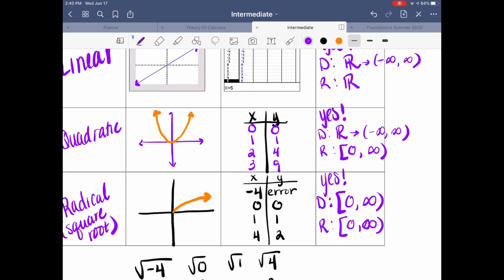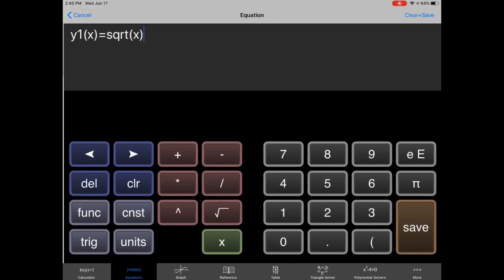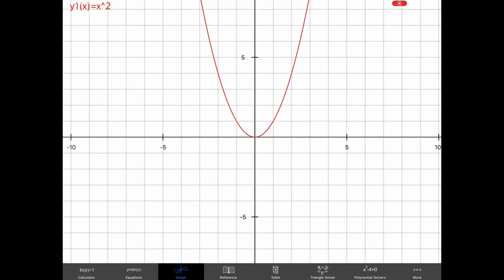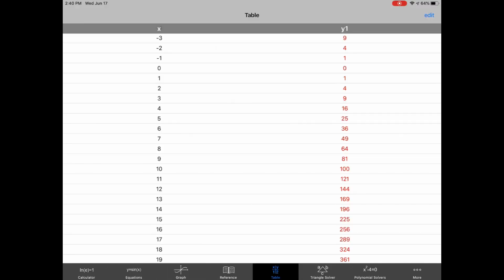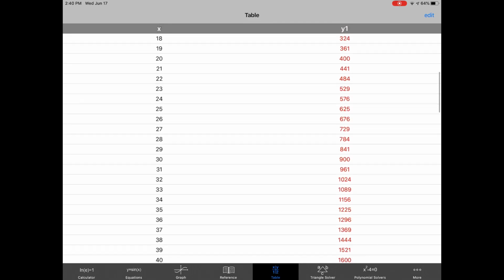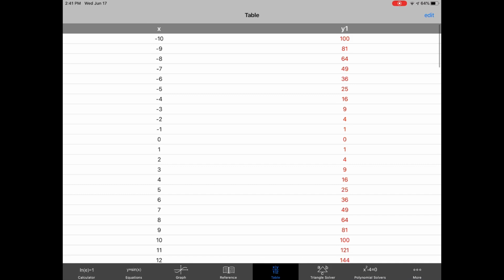And you could see that in quadratics. Let me just show you that really quick. You type in x squared, go to the table. You can see the table, there's no errors, there's no problems here. My table does stop, but that's just because it's a free calculator.